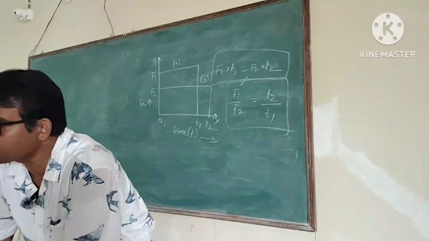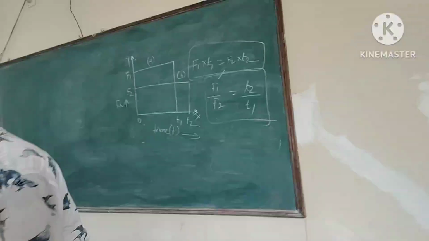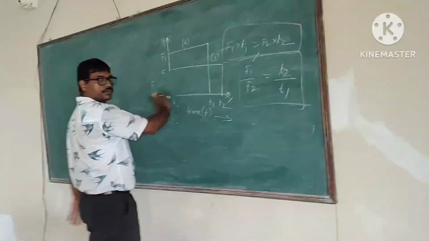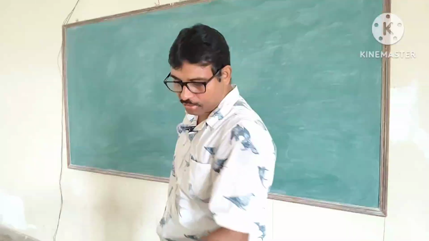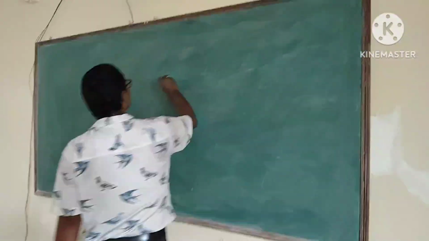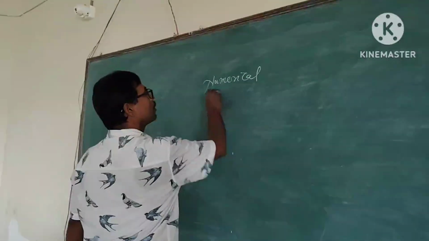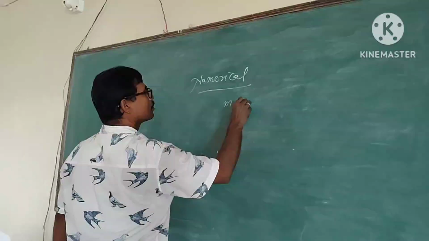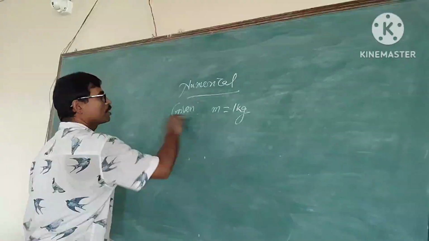A hammer of mass 1 kg moving with a speed of 6 meter per second. Suppose this is the question. Let us solve some numericals based on the impulse. What is the question? A hammer of mass 1 kg, it is given. First read the question, same process.